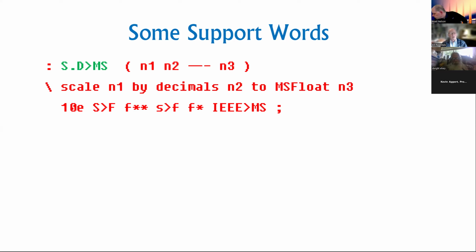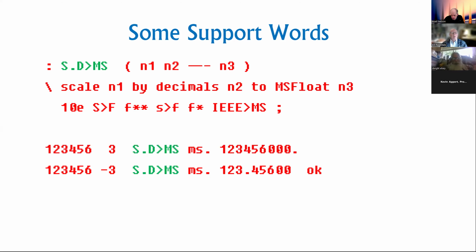This is done on the floating point stack because it's the easiest place to do it. The 10E S to F star star raises the exponent, converts it to a floating point number, and then we multiply our input by that number, which offsets it either plus or minus, and we'll see the example here.